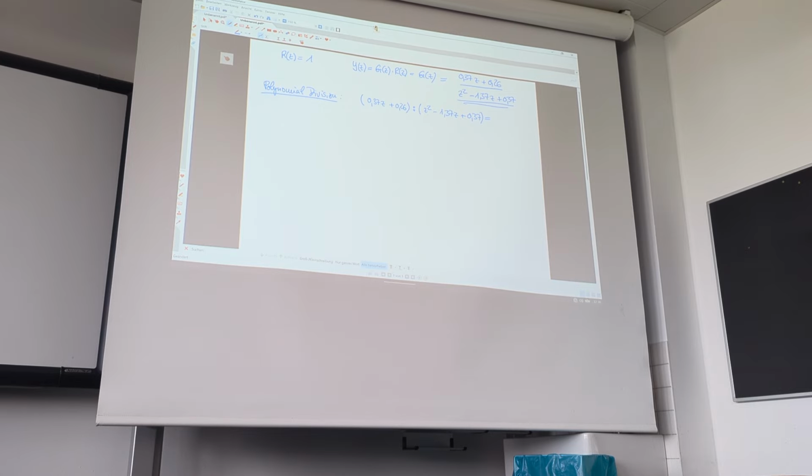What do we have to write down on the right side of this equation? What is our first term that we have to write down?